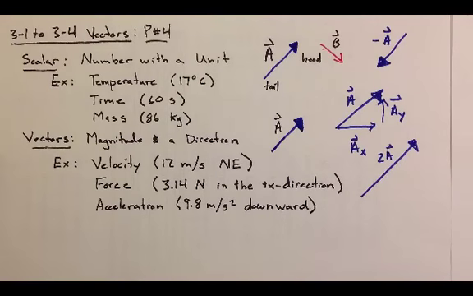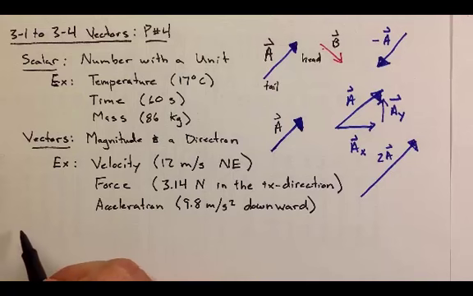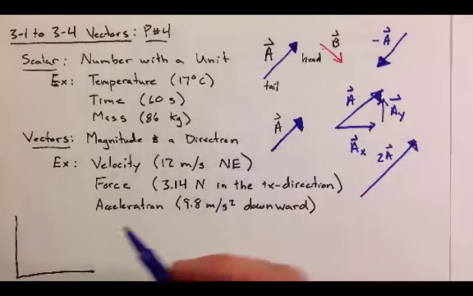How about adding two vectors together? There's a couple of ways in which you can add two vectors together. One method is the graphical method. Here's how you add together two vectors by the graphical method.